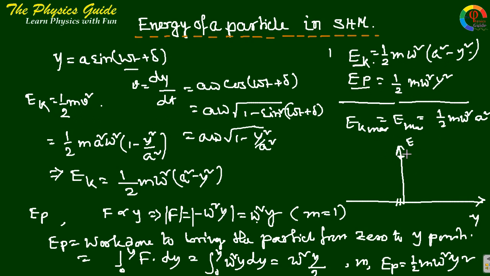This maximum value is half m omega squared a squared, and when y equals a, then this goes to 0. This value gives y equals a. So this graph indicates the kinetic energy graph.